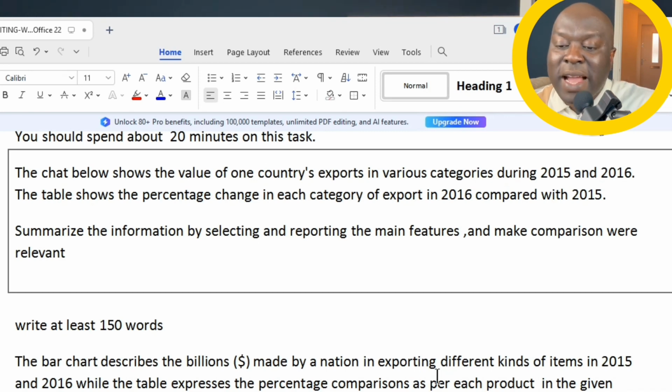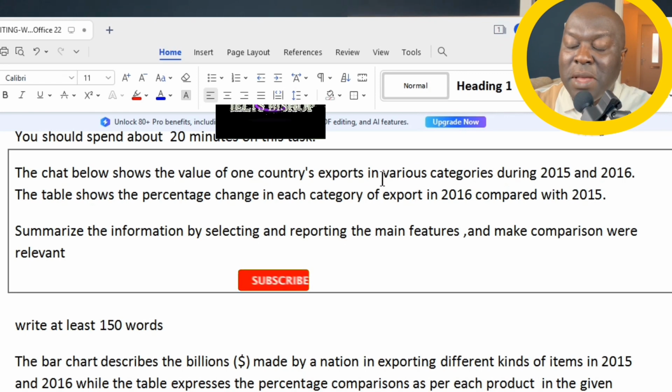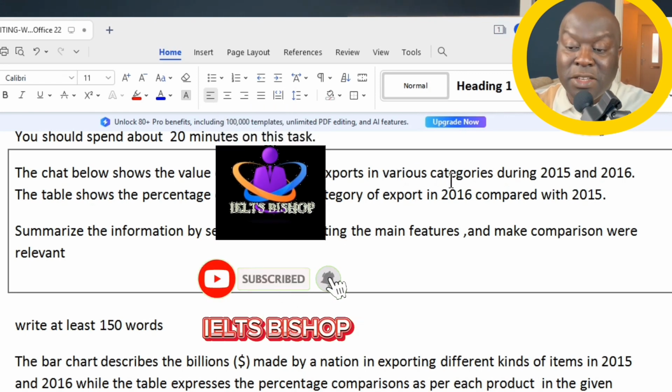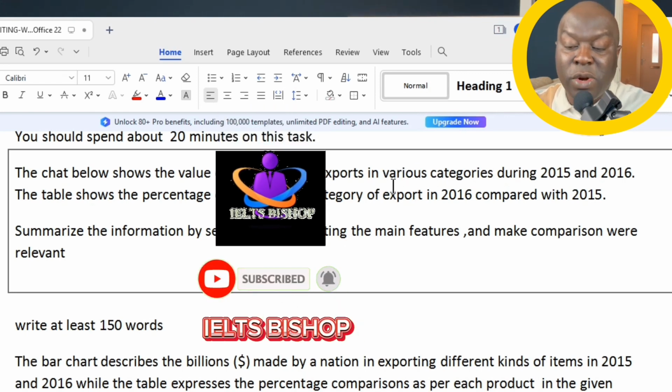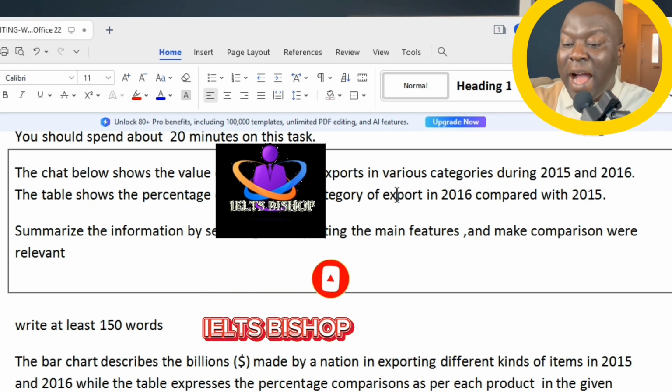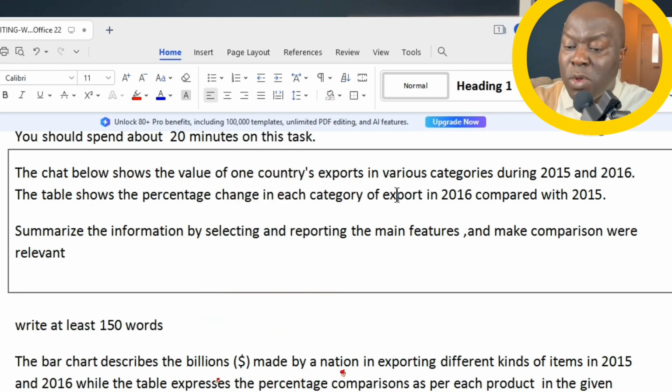Different kinds of items stands for various categories. The exports are the items or products in various categories. I could as well say different products in 2015 and 2016, but I decided to use items, because I know that somewhere I'm going to need the word products. So I use items first in the introduction.